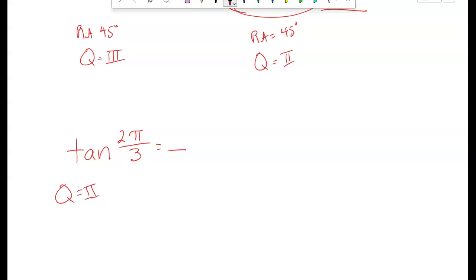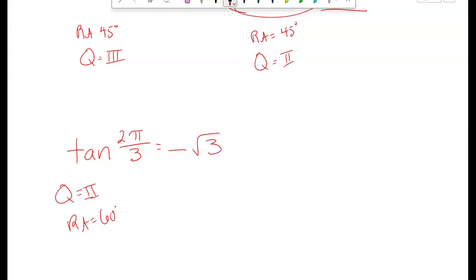So right away, I put my negatives down first or positives down first. What is your reference angle? Your reference angle is 60. So then you just go, tangent of 60 is root 3. Some of you calculated it. That's totally fine, because is that still a valid way, as long as you have your sine and cosine? Perfect way of doing this.